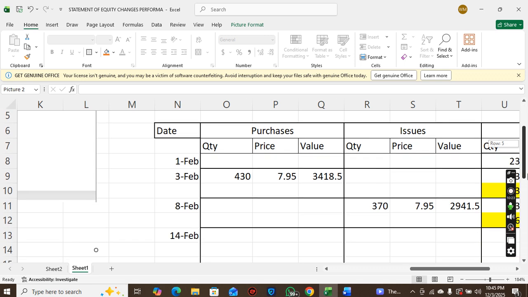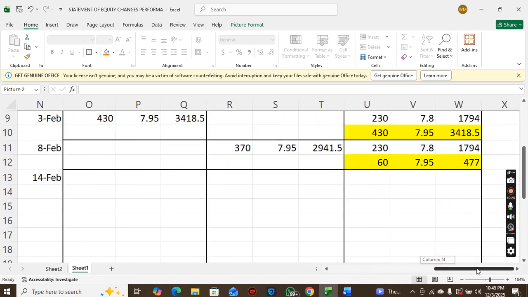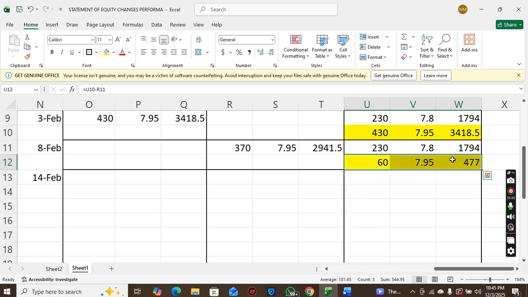We're going to see which batch came in last. It's still these 60 units. Since 110 units have been issued, the first 60 units will be removed from the latest batch.